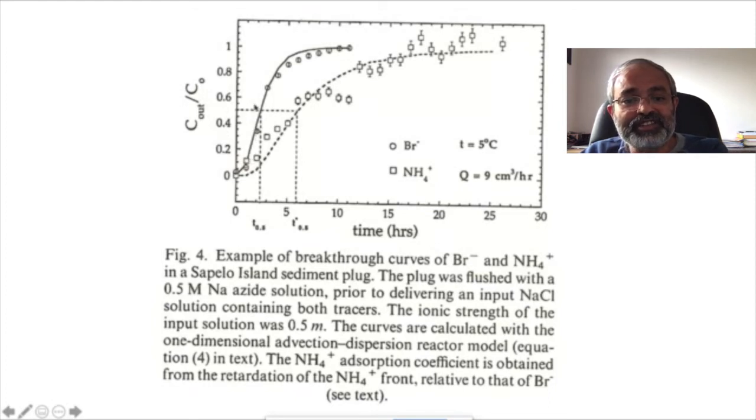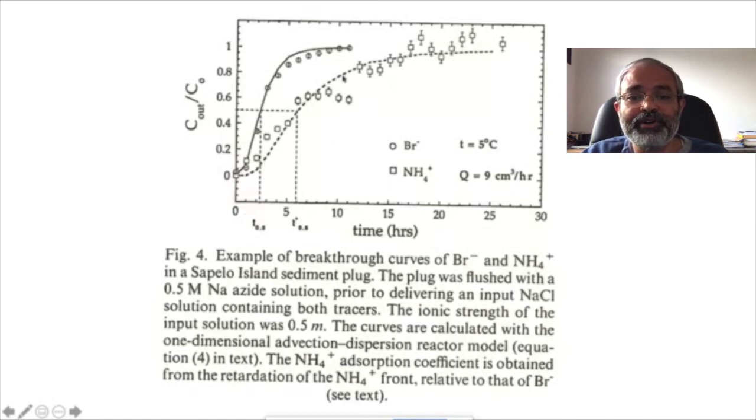Same thing in case of bromide, you are measuring the bromide concentration. So you start with 0 concentration in the output, because at that time it's only water that is flowing through. The solution hasn't come out yet. Once after a certain time the solution comes out, then you start measuring these concentrations of phosphate and bromide in your output solution. So you plot that over time. So you plot C out over C0 versus time, and you will get these two curves.